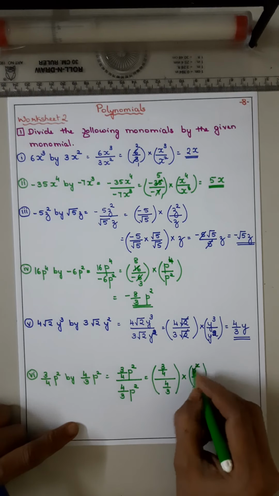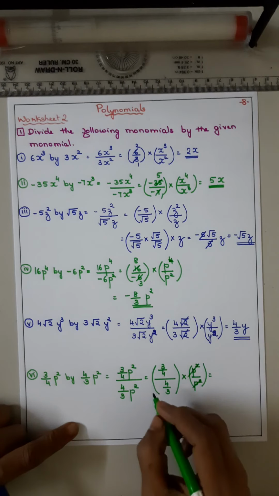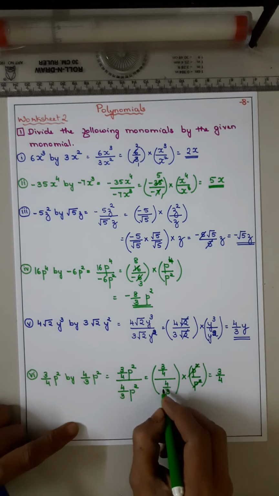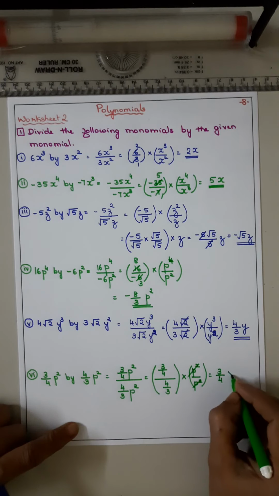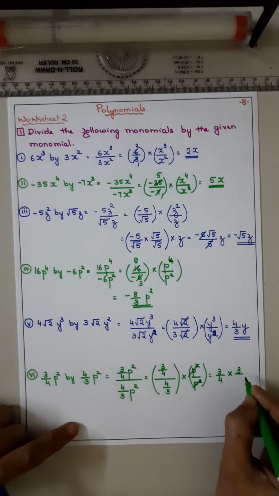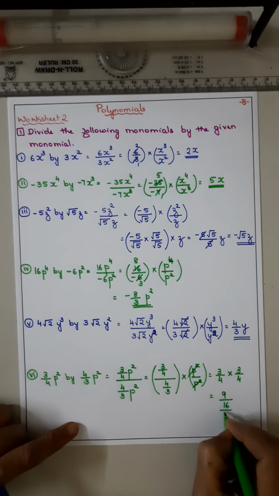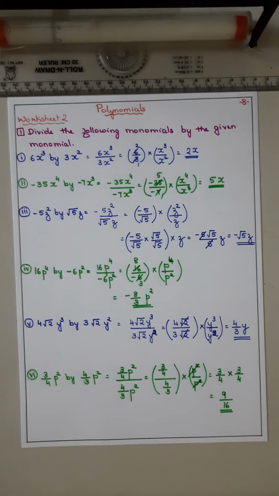This p squared gets cancelled. Now 3 by 4 divided by 4 by 3 means multiply by the reciprocal. Isn't it? So 3 3s are 9, 4 4s are 16. So the answer is 9 by 16.